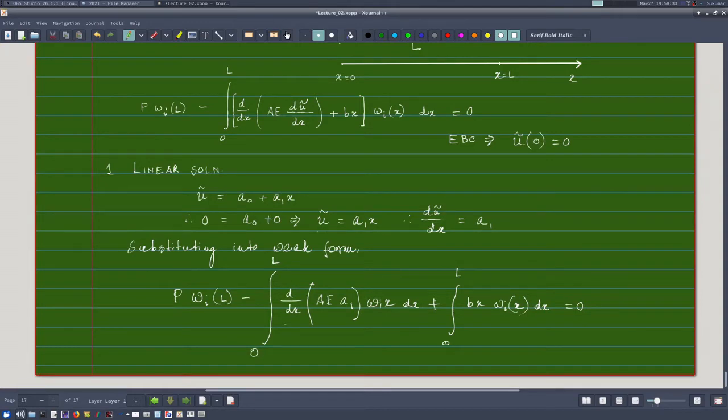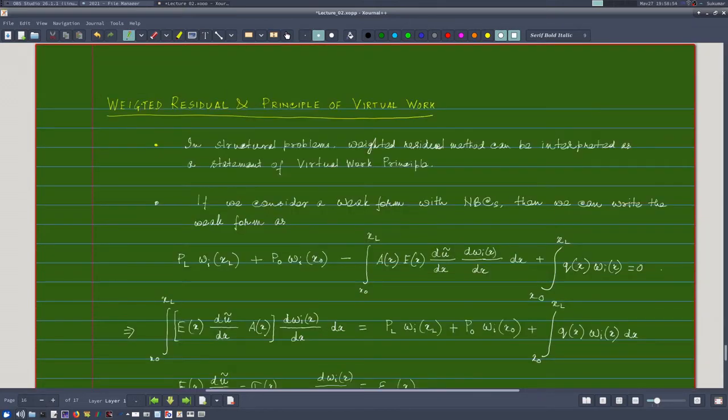My approximate solution is this, right? Let me show you. My approximate solution is this, and therefore what is my partial derivative? Partial derivative will be, let me go to the next page.